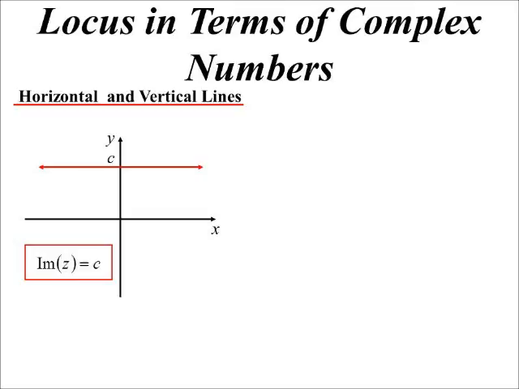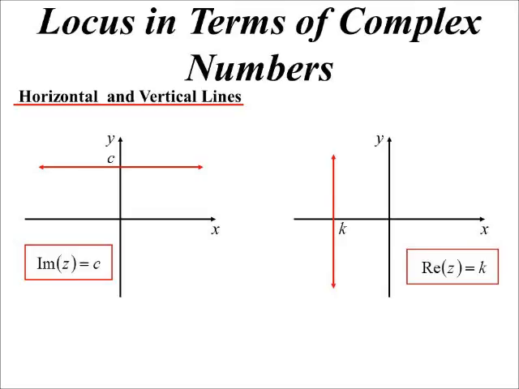But now when we're talking about complex numbers, that's the line that represents the imaginary part of z is equal to c. So that's all the numbers whose imaginary part is c. And a vertical line would be all the numbers that have a real part of k.